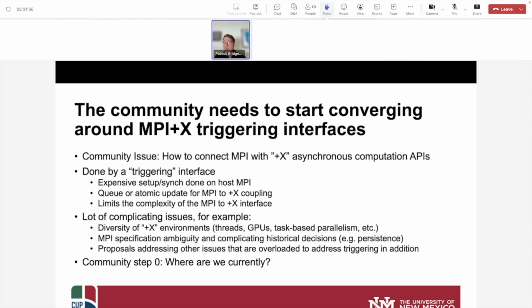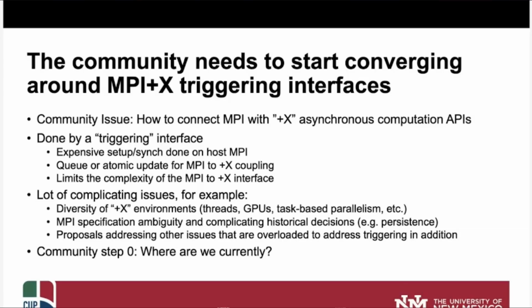And traditionally, and this is something that Ryan was getting at with partitioning, this is done by something like what's called a triggering interface. So you do some extensive setup or synchronization on the host MPI, you have some queue or atomic update or something that couples MPI to the +X side. And so you're trying to separate concerns, right?